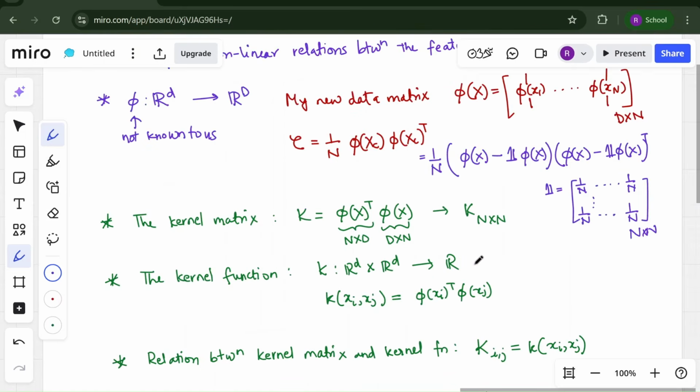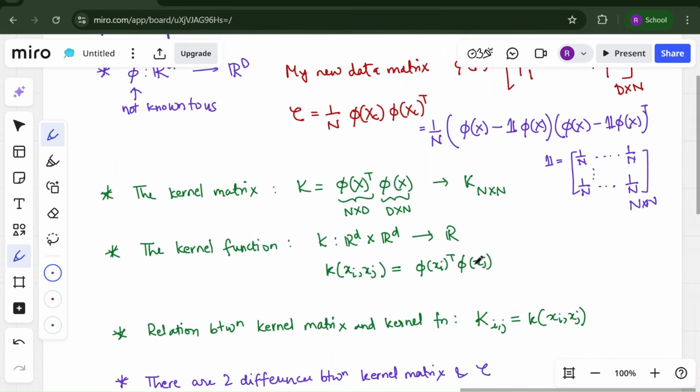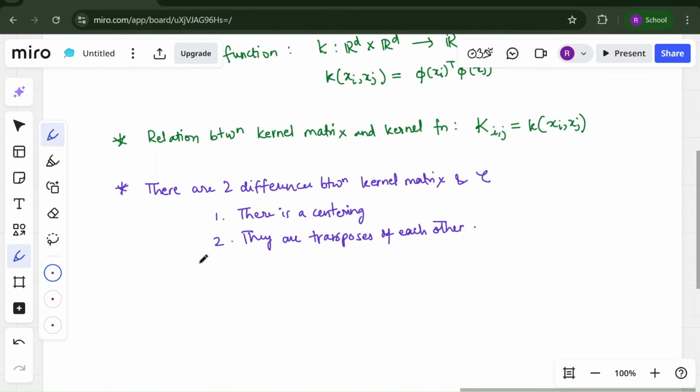Now, what can I discuss now? There is an idea about kernel centering. I think I will discuss that while discussing the method of doing kernel PCA.